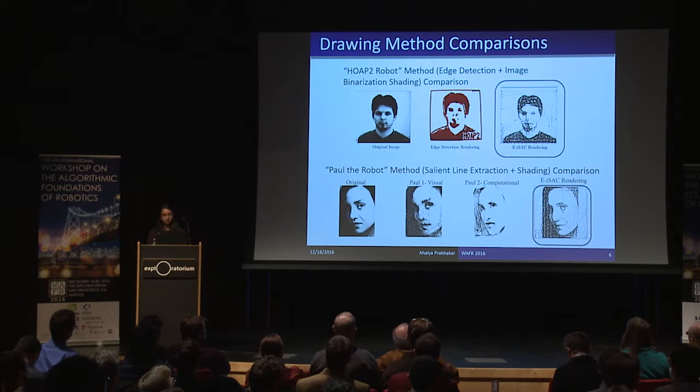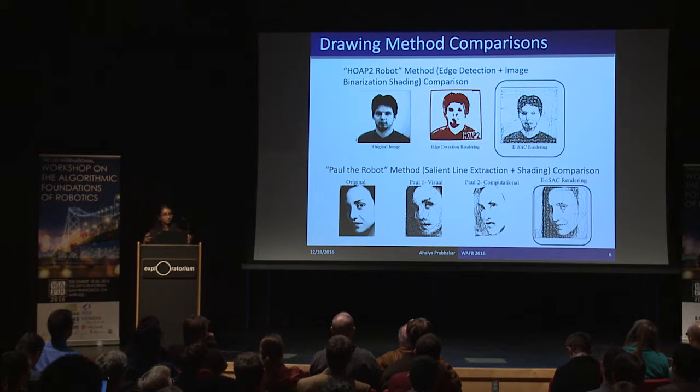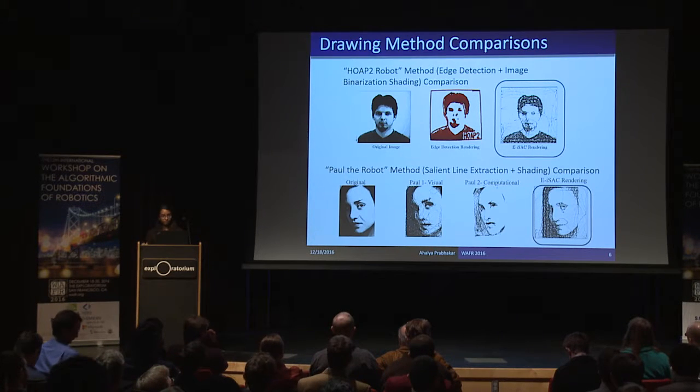With the edge detection method, they not only have to use a combination of edge detection and image binarization, but then they have to post-process those to determine the motions needed to draw the specific contours. Then they used motion primitives to define the correct ways to shade, and followed those motions to render the shading. Whereas we were able to do so directly from the original image. So we were able to get a much simpler algorithm with a comparably good result.